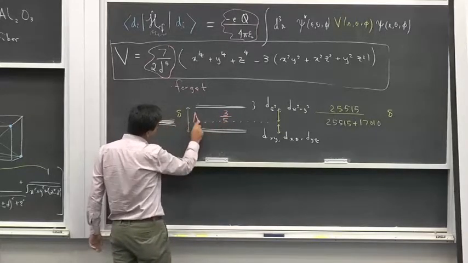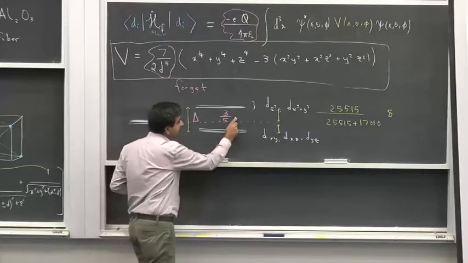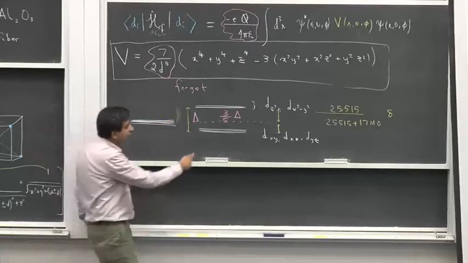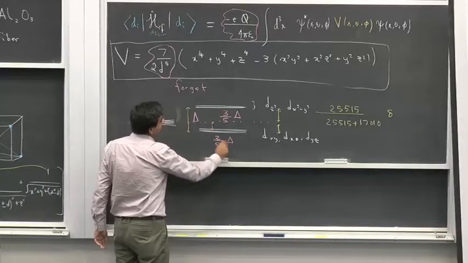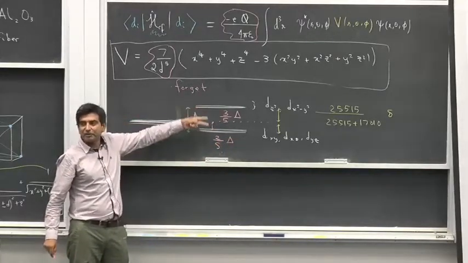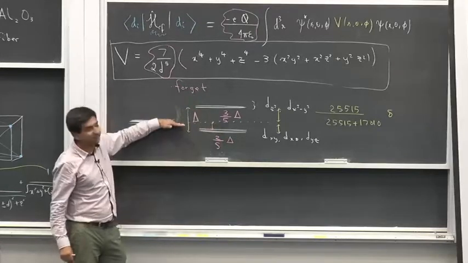Now if this total gap is delta, I put this sign, this is conventional, then this raising of energy is 3 by 5 of delta, and this lowering of energy is going to be 2 by 5 of delta. But there are 3 levels here and 2 levels here. So the center of gravity of this multiplet remains the same.